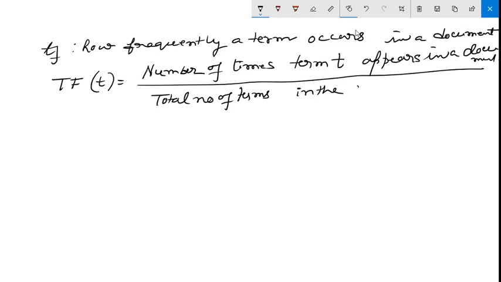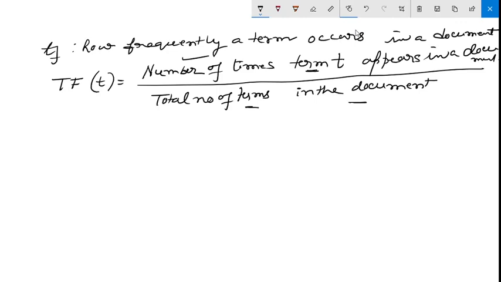Sorry, my handwriting is poor. Okay, that is the definition of TF: the number of times term t appears in a document and the total number of terms in the document.